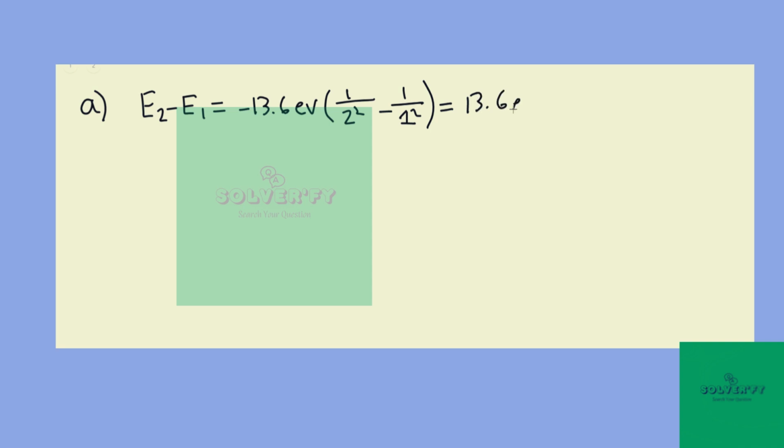So to start, we're asked to find the difference between 2 and 1 and 10 and 9, these energy levels. So quickly, using the expression for the energy level of an arbitrary n, we have negative 13.6 eV times 1 over 2 squared, minus 1 over 1 squared, which simplifies to simply 13.6 eV times 3/4.